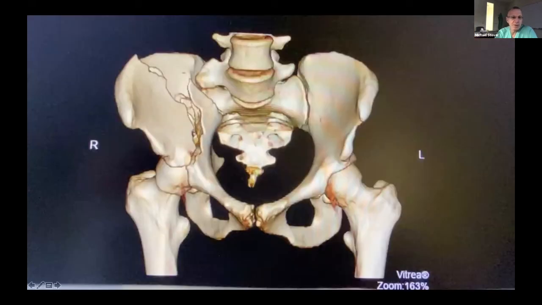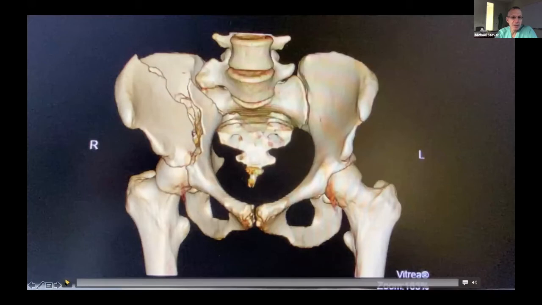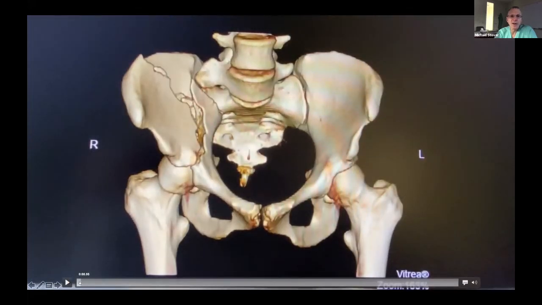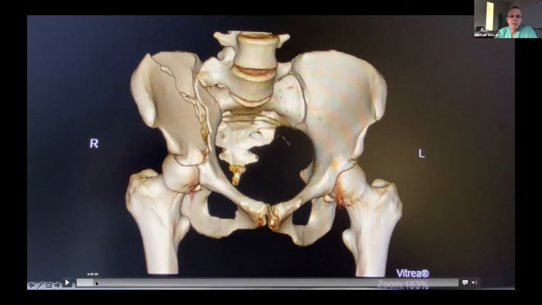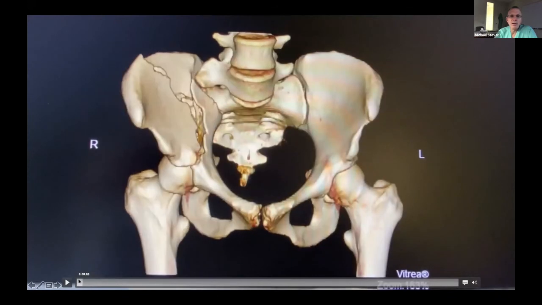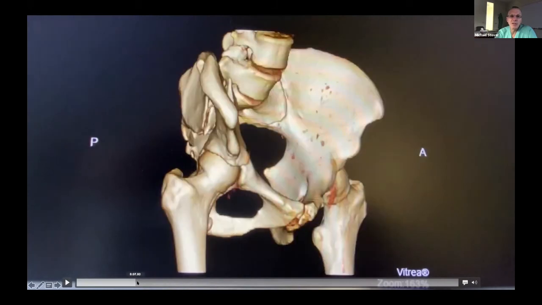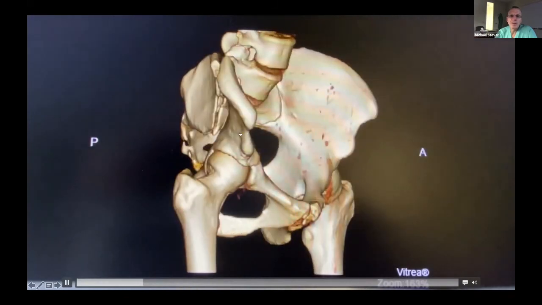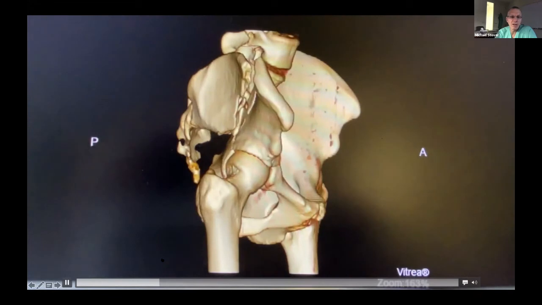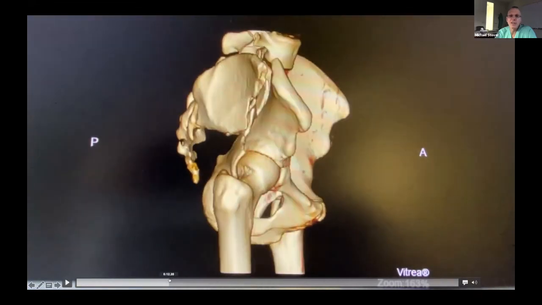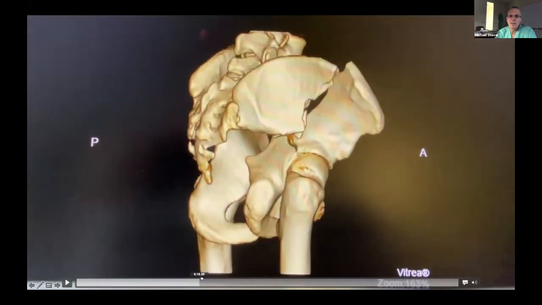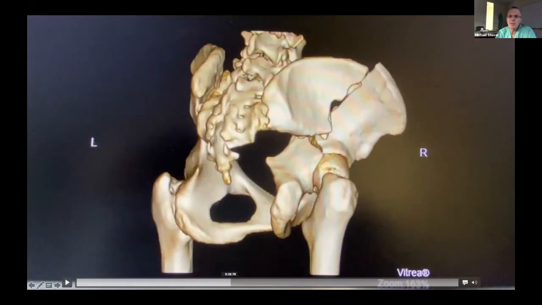This is the three-dimensional reconstructions that were obtained. So you can see here's the fracture lines of the acetabulum. There's the anterior column that's pretty easily visualized. You'll see in the gap, there's the fragmentation that occurred on the compression side of the fracture. There's the intact ilium, the simple fracture through the posterior column at the rim.